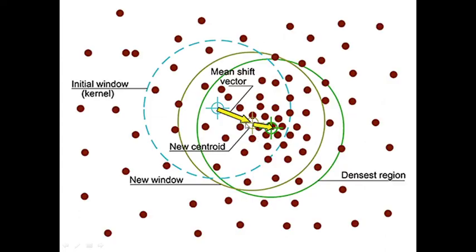For how long does this mean shift vector keep moving? The first centroid is here, the second centroid is here, the third centroid is here. After that, there is no more shift. Why? Because I have stopped shifting the mean here, as the mean shift vector is less than the threshold.